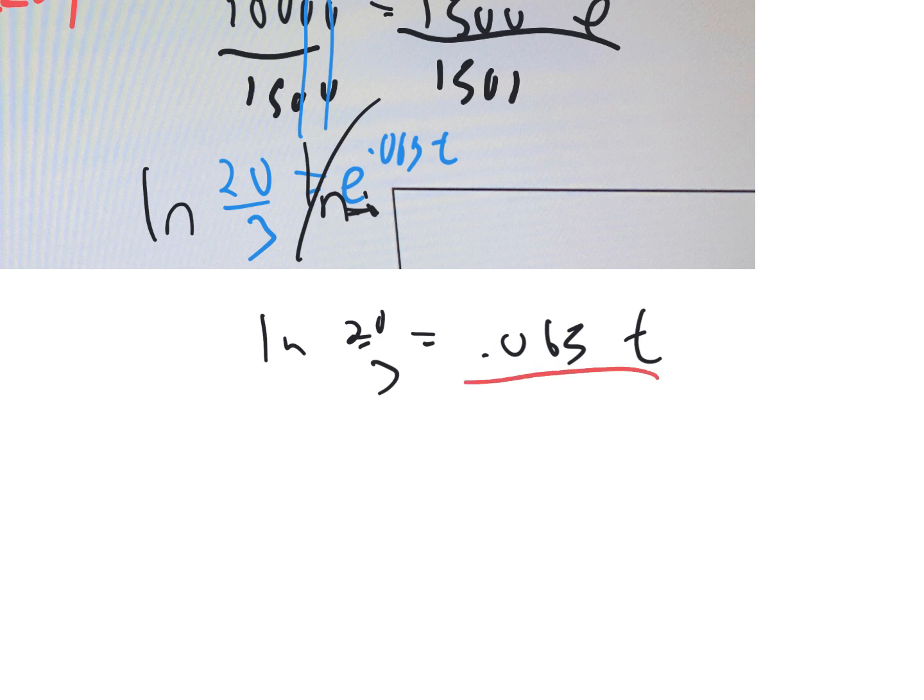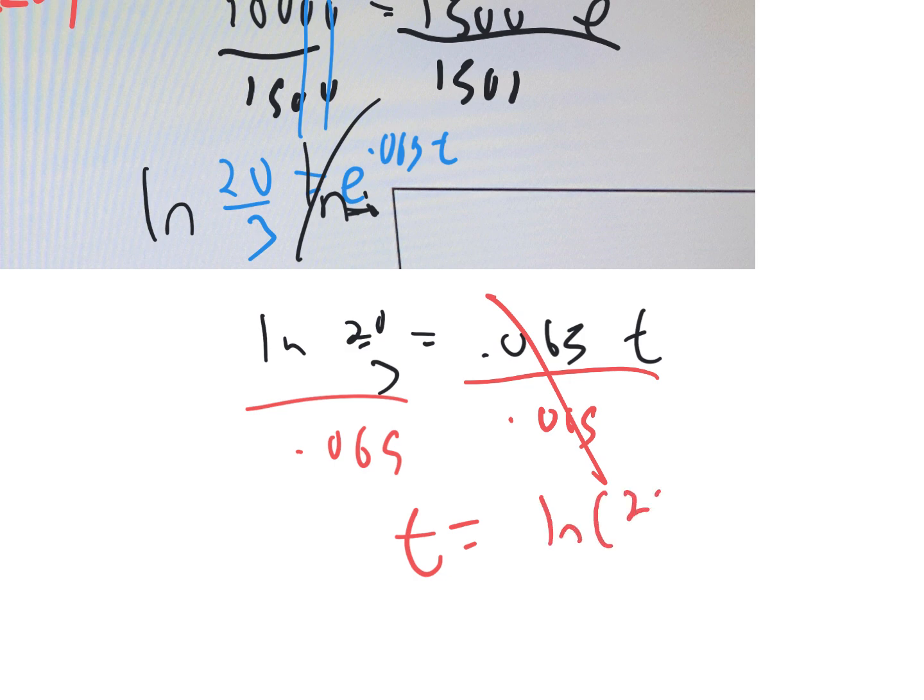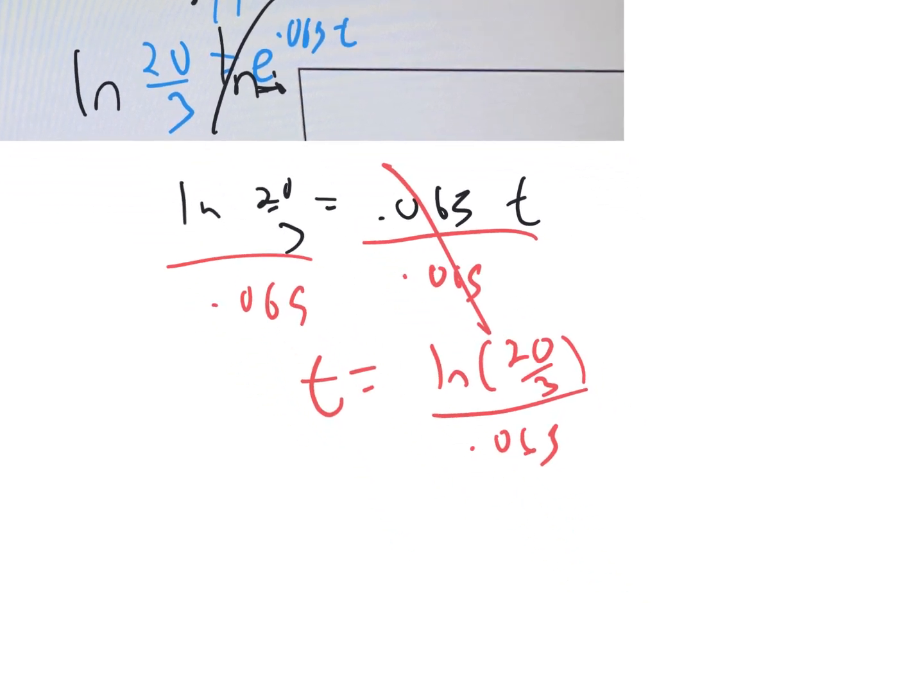Divide by 0.065 on both sides. That cancels. This is your exact answer: natural log of 20 thirds divided by 0.065. Could somebody tell me approximately how much time that's going to be? Give me at least one decimal place.